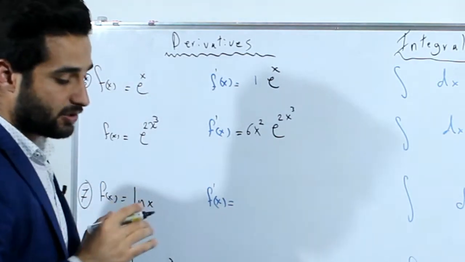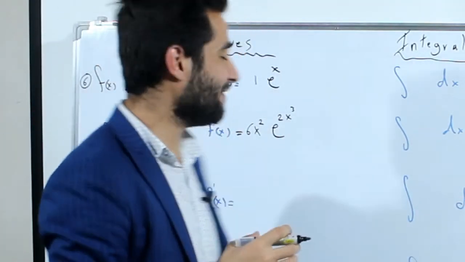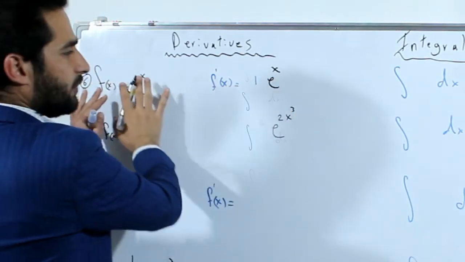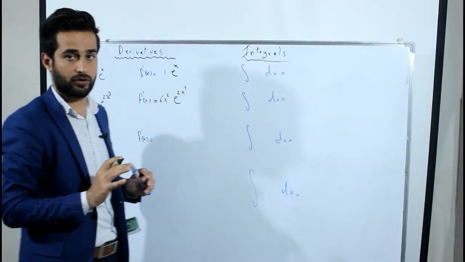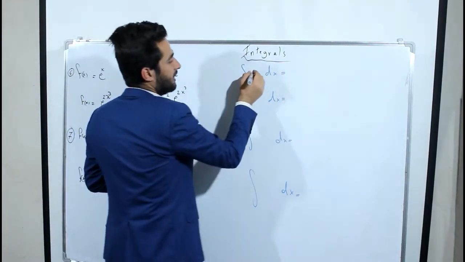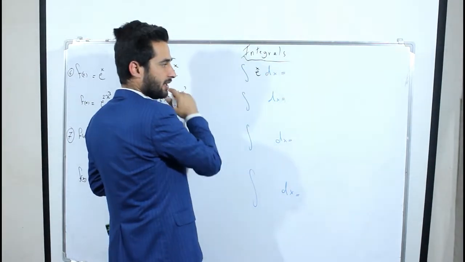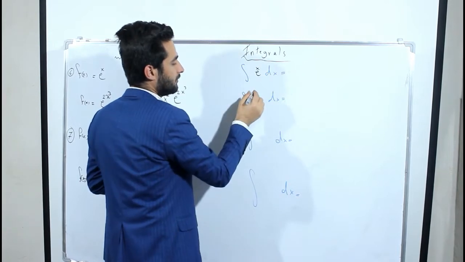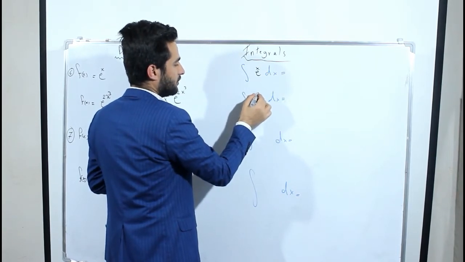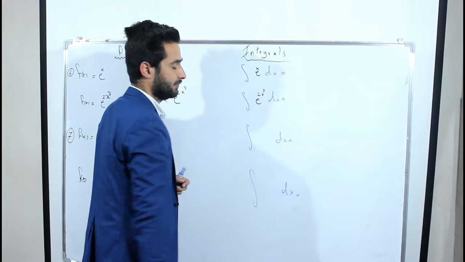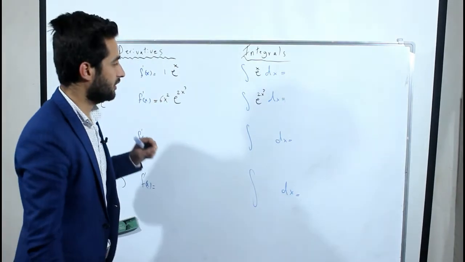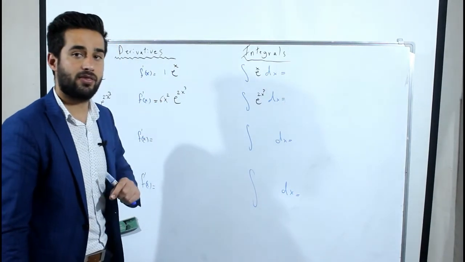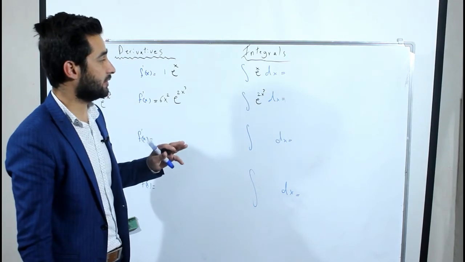Now let's talk about, guys, if we have not those two functions in the integral. Okay, I'm not talking about this. Let's say e to the power of x, same thing, and let's say e to the power of 2x to the power of 3. What should we do?